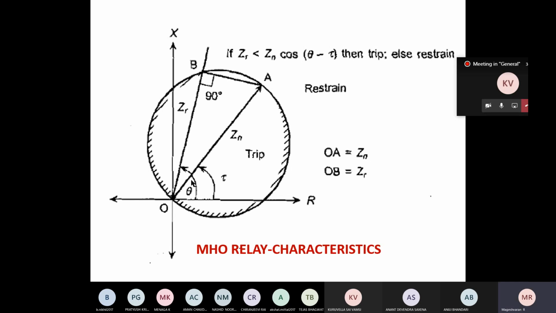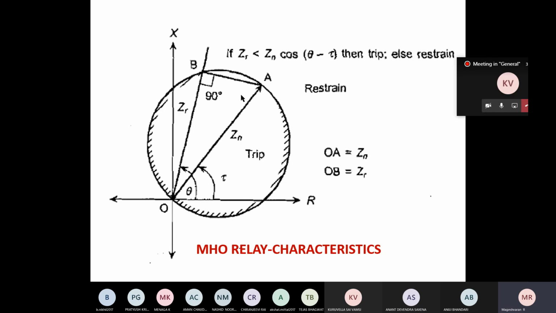Only this shaded area is the operating region. If ZR is less than Zn cos(theta minus tau), that is this area, then it is completely the trip region.